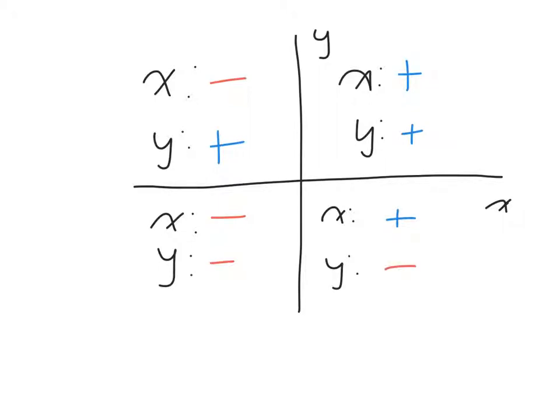So what that means, your x components will only be positive if you're facing east. So anything going to the right will have positive x. Anything going to the left will have negative x. Anything going up will have a positive y. Anything going down will have a negative y.